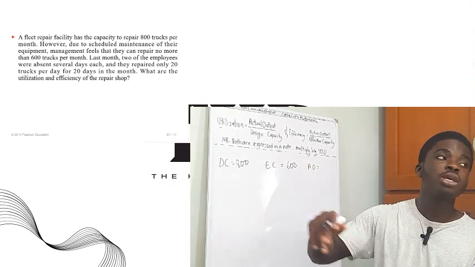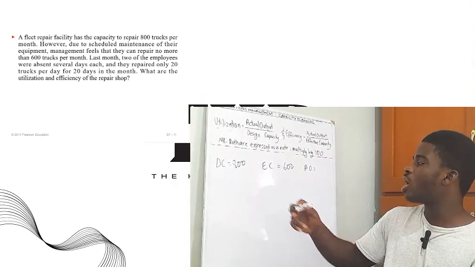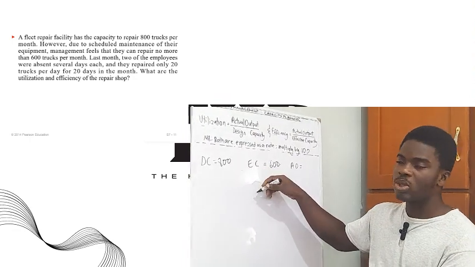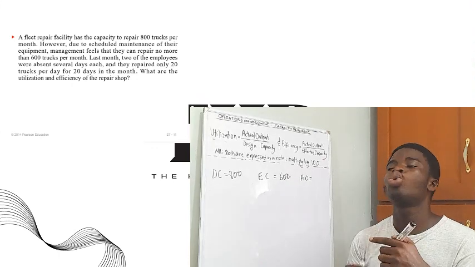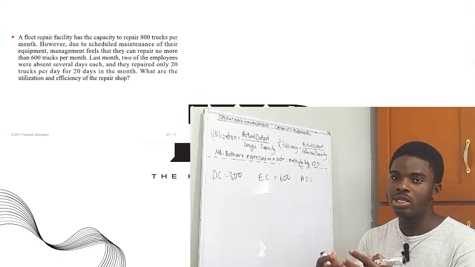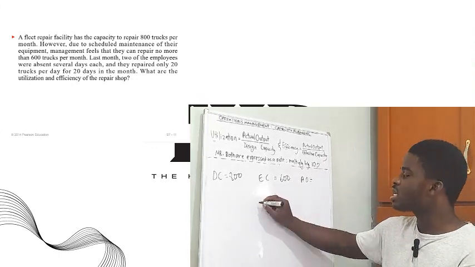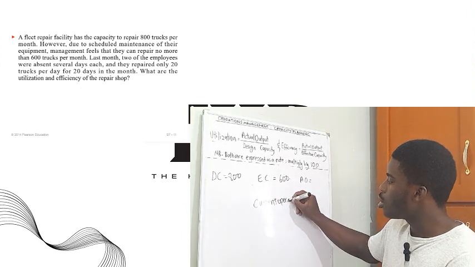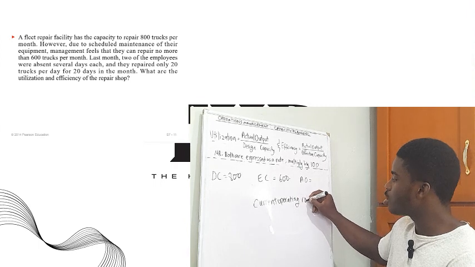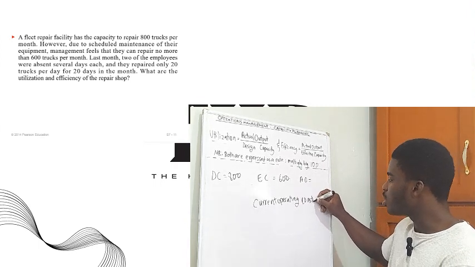In the theory aspect, what did we say? The effective capacity is the output we expect the system to hold, given current operating constraints.